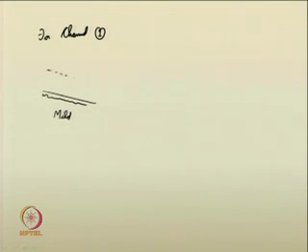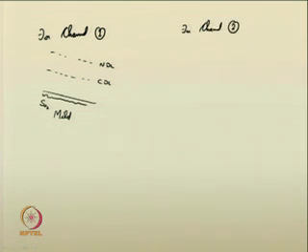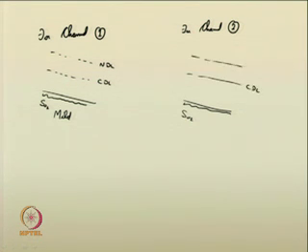So, there will be a critical depth line and there will be a normal depth line according to the given bed slope S01. Similarly, for channel 2, you can have the bed slope S02, the corresponding critical depth line and normal depth line.